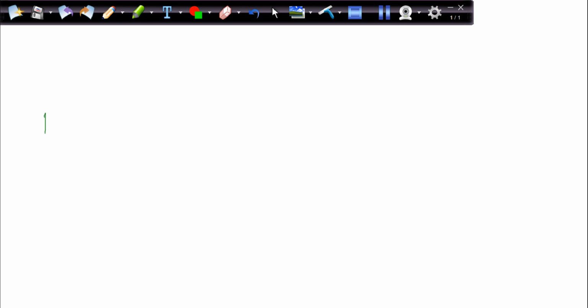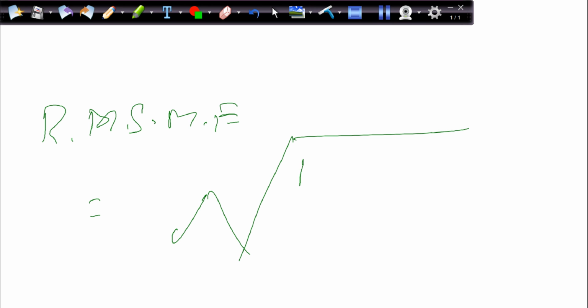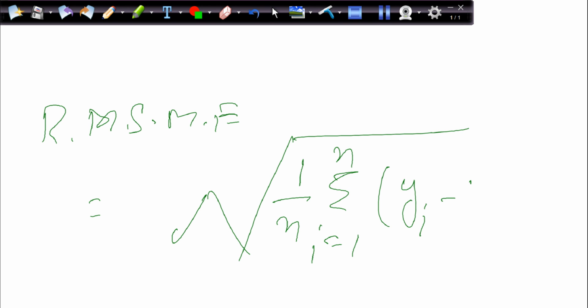This is equal to root mean squared error is equal to the square root of 1 by n, summation from i equal to 1 till n, and then yi minus y hat i, whole square.